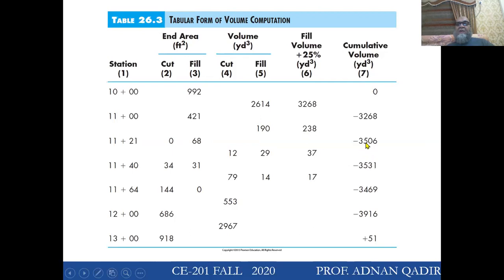Now, minus 3506 minus 37 plus 12 becomes minus 3531 because there is a cut volume as well. Then minus 3531 minus 17 plus 79 becomes minus 3469. Now minus 3469 plus 553 becomes minus 3916, and minus 3916 plus 2967 becomes minus 951, right?